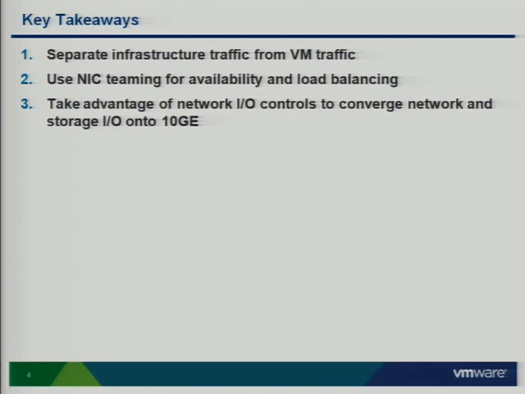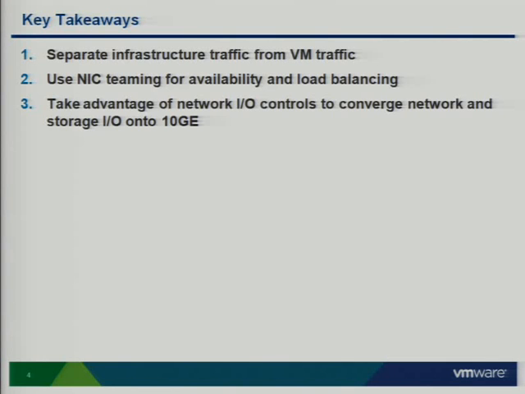The last point is really something new that we have introduced in vSphere 4.1, and that is called Network I/O Control. I think Steve Herrod covered a little bit of that very briefly in the keynote yesterday. The key idea is that 10 gigabit Ethernet is now very popular.